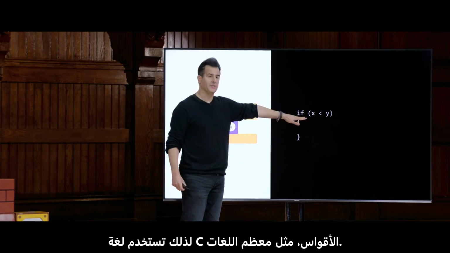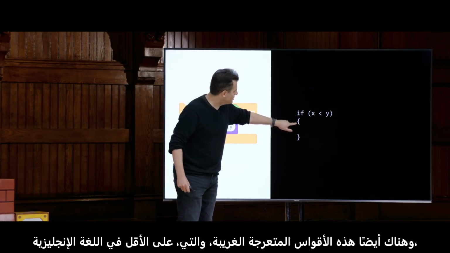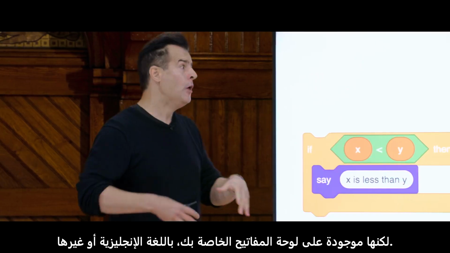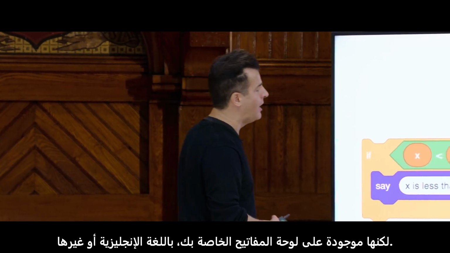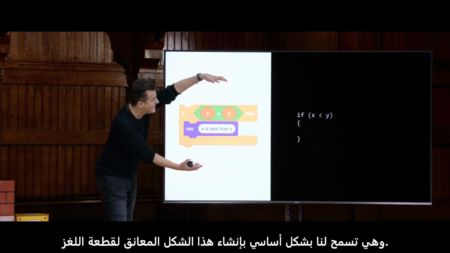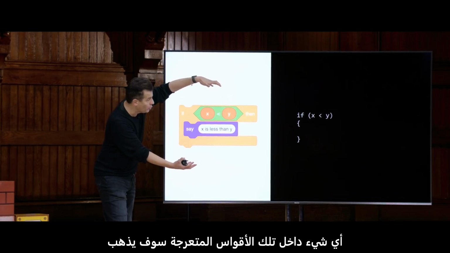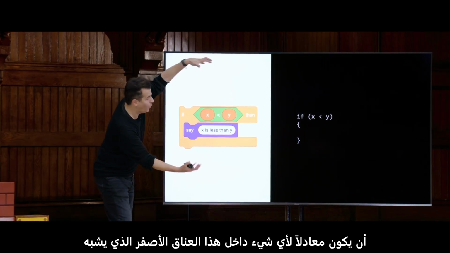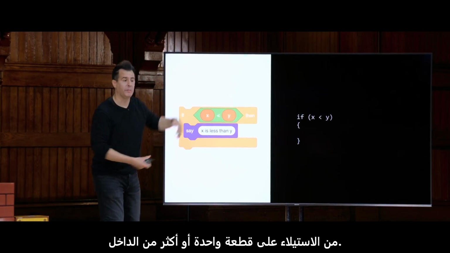So C uses parentheses, like most languages. And then there are these weird curly braces, which at least in English, we don't use all that often. But they're there on your keyboard, English or otherwise. And they essentially allow us to create this sort of hugging shape to the puzzle piece. Anything inside of those curly braces is going to be equivalent to anything inside of this yellow hug that's sort of grabbing one or more pieces inside.